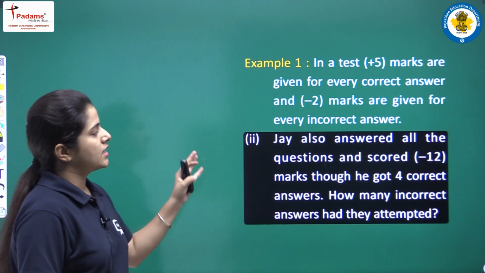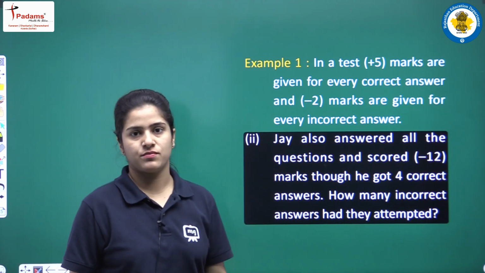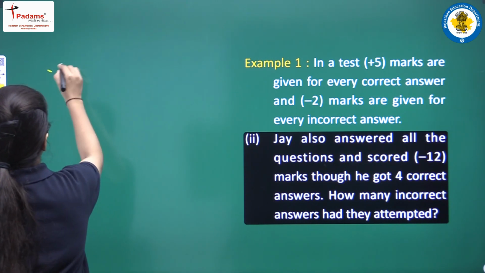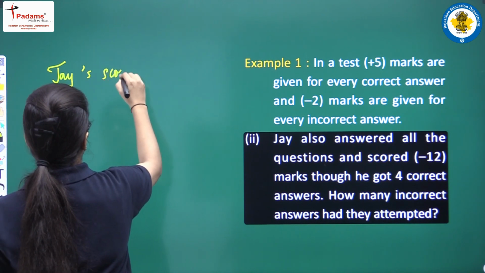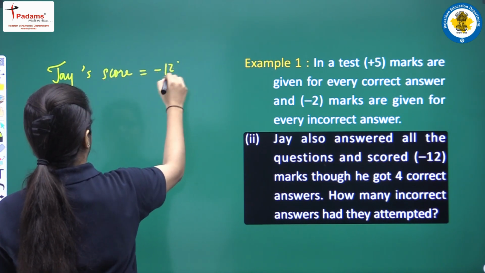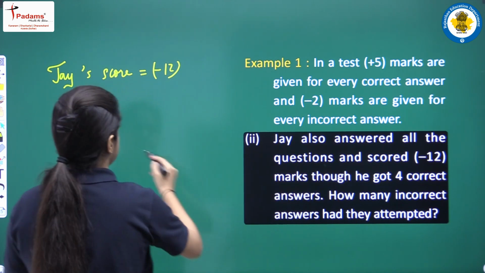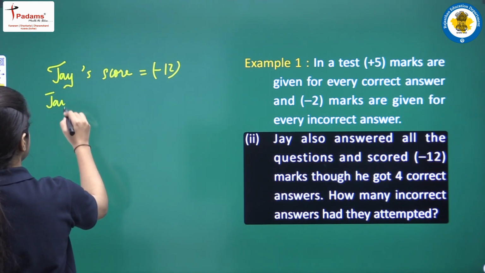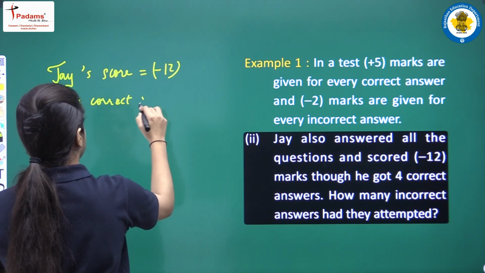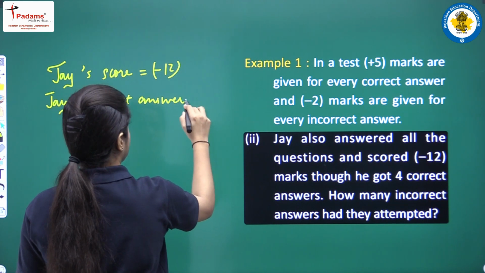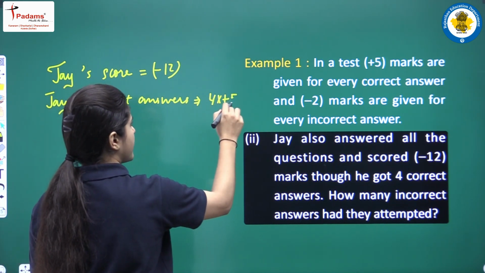Next case is J also answered all the questions and scored minus 12 marks. Now J's score is minus 12. Though he got 4 correct answers, J's correct answers is equals to 4, and for every correct answer he will be given plus 5 marks.